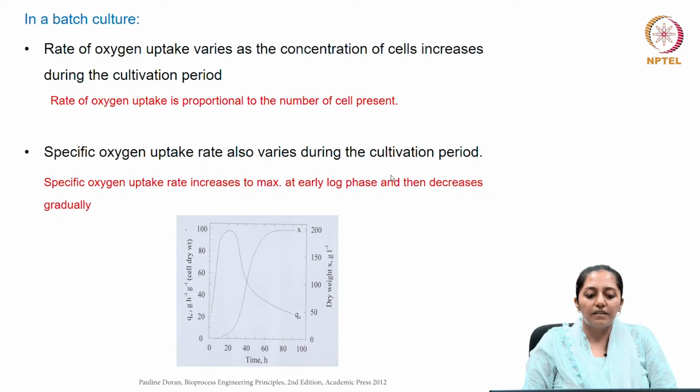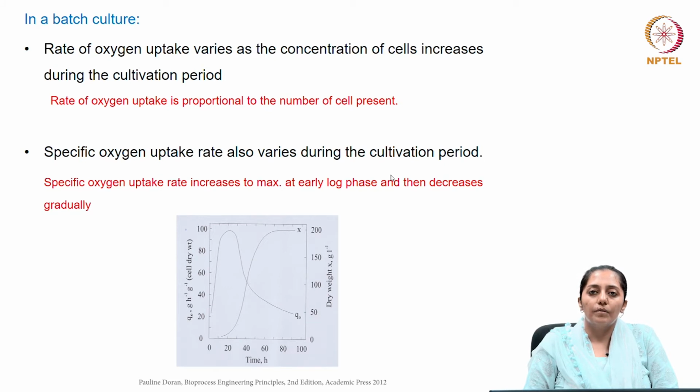Now in batch cultures, the rate of oxygen uptake varies as the concentration of cells increases during the cultivation period. Obviously, because it is a function of X, as X changes, the oxygen uptake rate would also change. The rate of oxygen uptake is proportional to the number of cells present at any time.